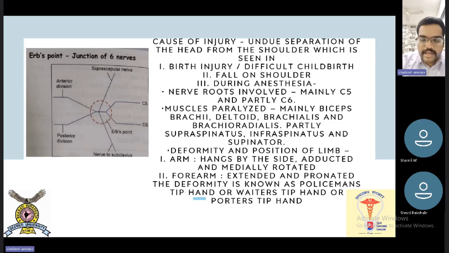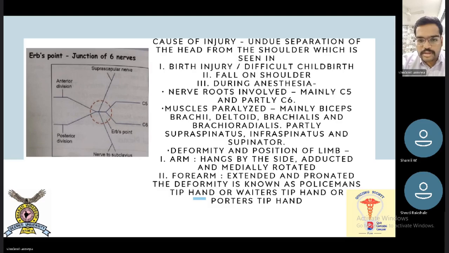Branches from the medial cord can be remembered as M4U: medial root of median nerve, medial cutaneous nerve of arm, medial cutaneous nerve of forearm, medial pectoral nerve, and ulnar nerve. Lastly, the branches of the posterior cord can be remembered by ULTRA: upper subscapular nerve, lower subscapular nerve, thoracodorsal nerve or nerve to latissimus dorsi, radial nerve, and axillary nerve.